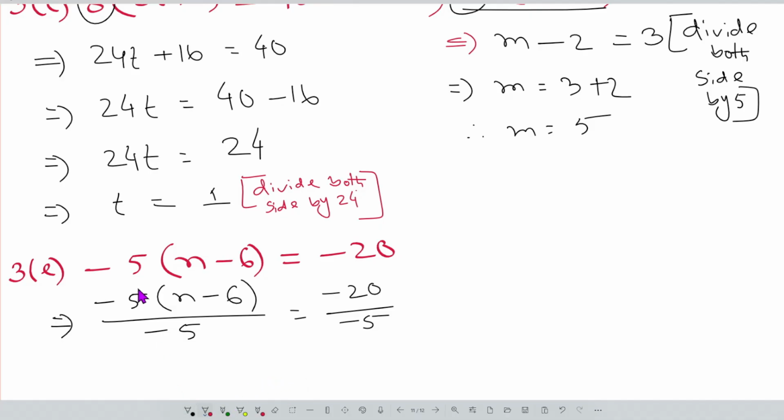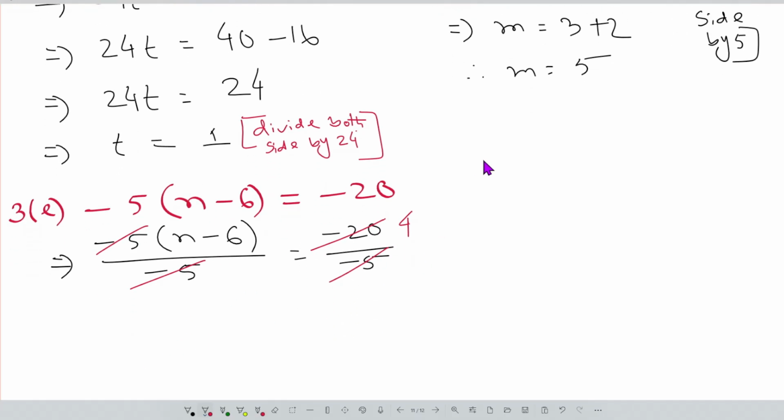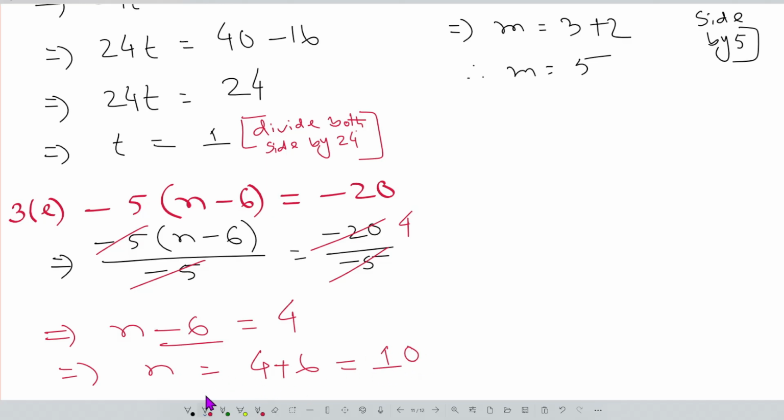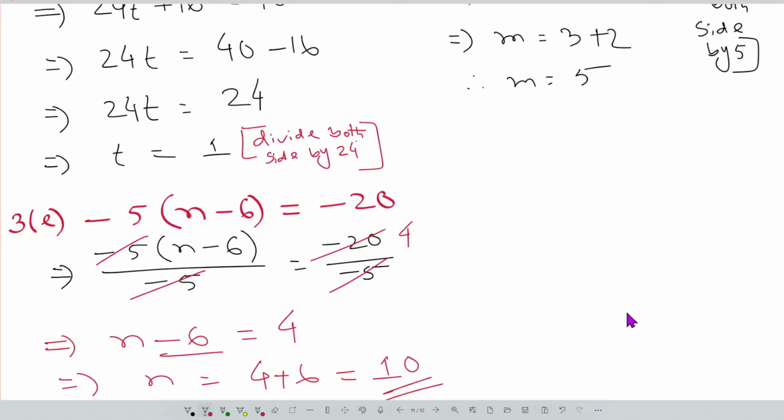So here minus 5 and minus 5 we can divide, and here minus 20 divided by minus 5 will be 4. So we can write n minus 6 equals 4. So n equals 4, this minus 6 becomes plus 6, so n equals 4 plus 6, which is 10. This is our answer.